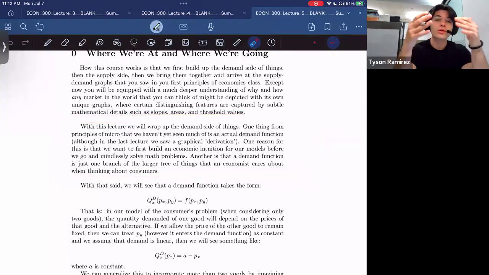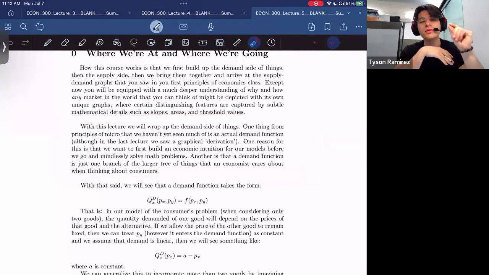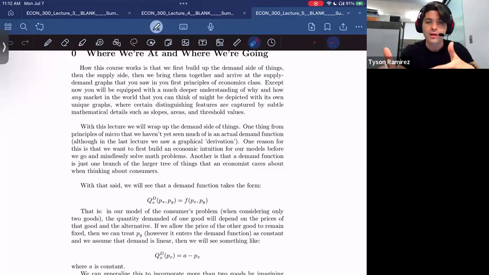Of course, a reason for this is, as I said, we want to build up an intuition for these things, for one. And then for two, the demand function itself is just one small part of economics and just one of the things that an economist cares about when they're considering consumers, when they're considering the demand side of the problem.